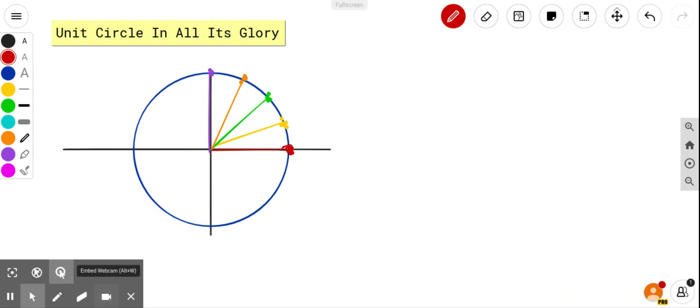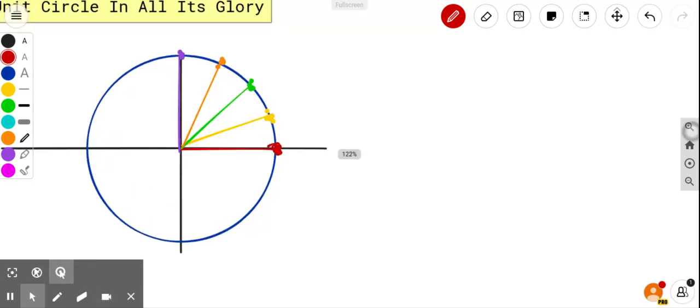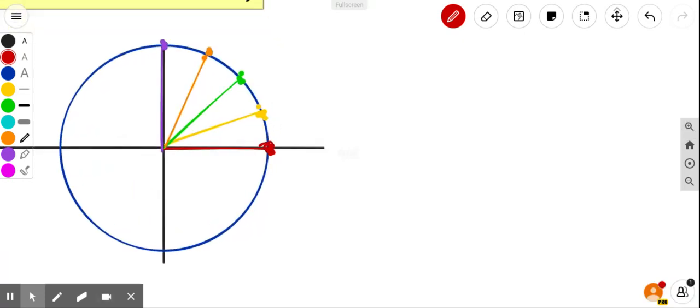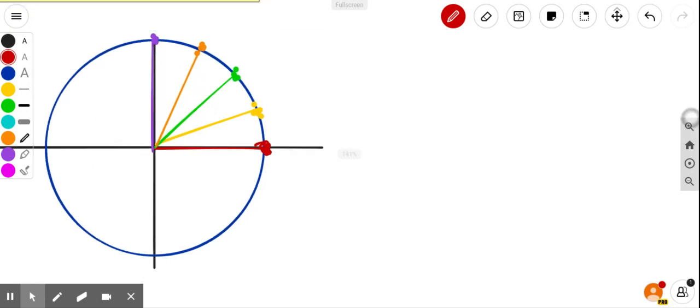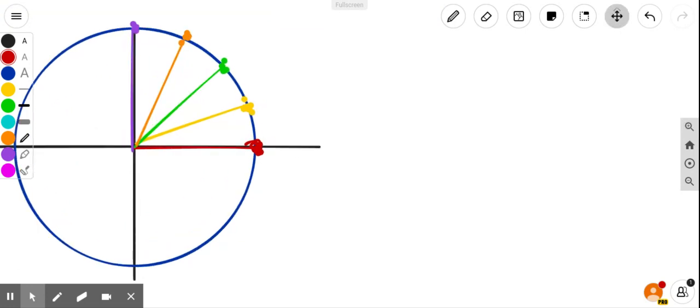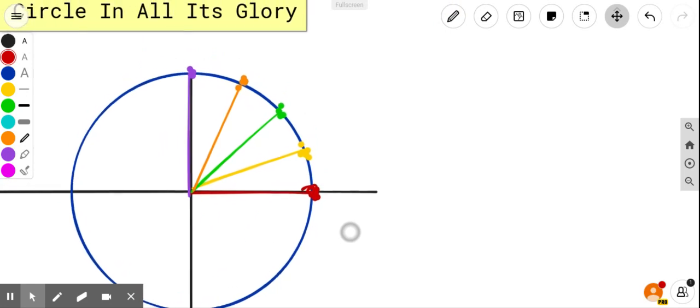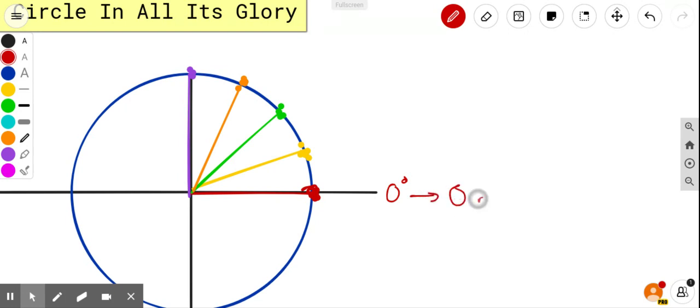All right. So I'm going to zoom in because I tend to write kind of big. Cool. All right. So when it comes to this point right here in the red, the 0 degrees, which is also known as 0 radians, which I'll abbreviate as 0 rad, I have the coordinate point 1 comma 0.